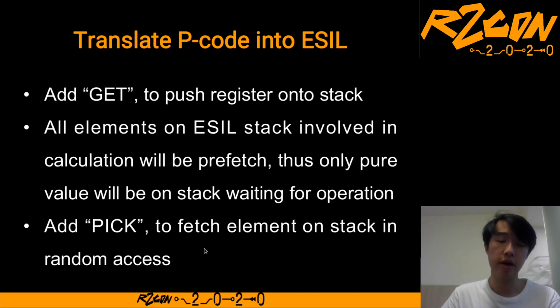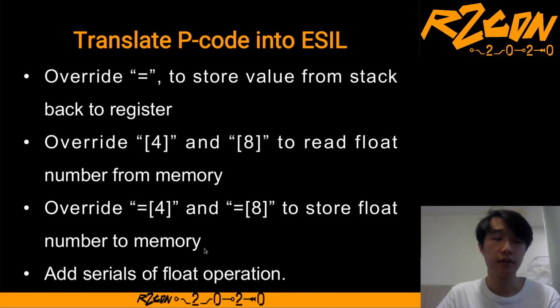Now with this command, you can access any middle variables you left on the stack, and this lets it fully emulate the P-code's work. Fourth, override equal to store a value from the stack back to a register.